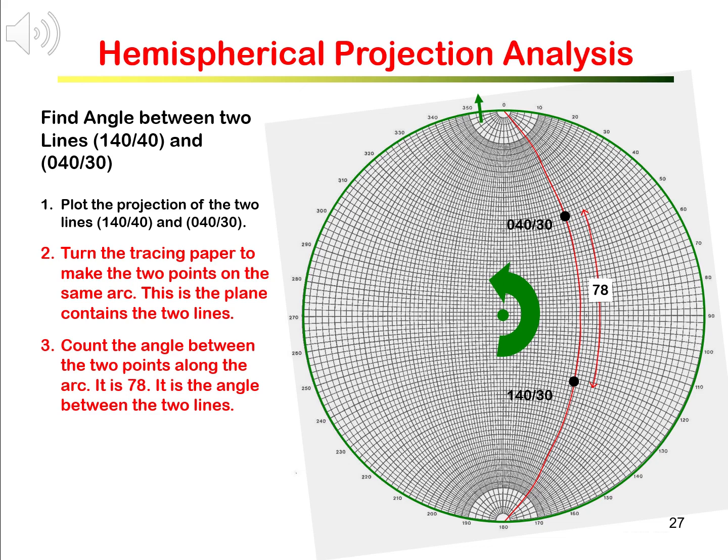As we just stated, the physical measurement of the angle is done on the plane. Therefore, on projection, we must measure the angle on the arc that represents the plane.